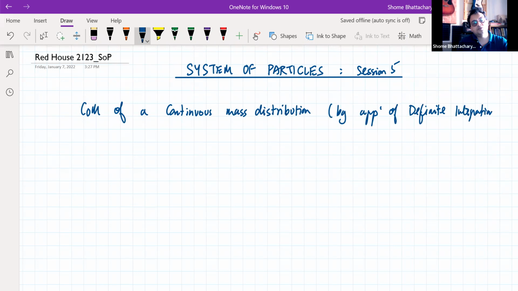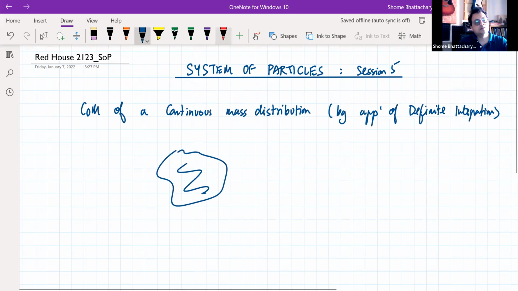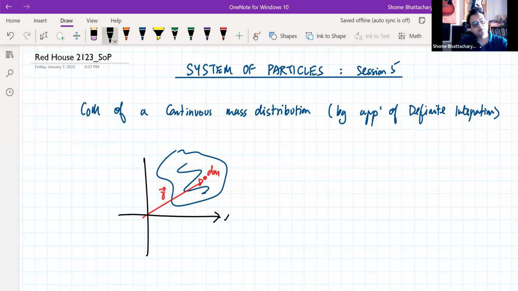So first and foremost, we had seen that for any continuous mass distribution, we can take a differential or very small element of mass dm, and if that element is placed at a position vector r in respect to our coordinate frame, then the position of the center of mass of the system, the vector position, becomes integration r dm divided by total mass.